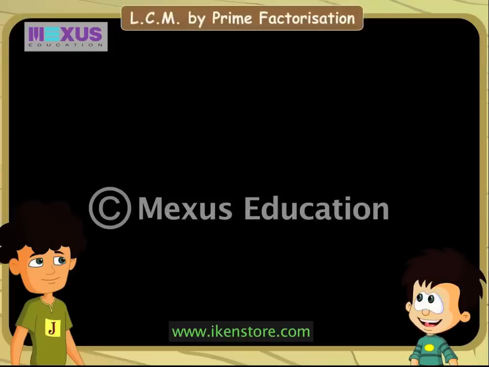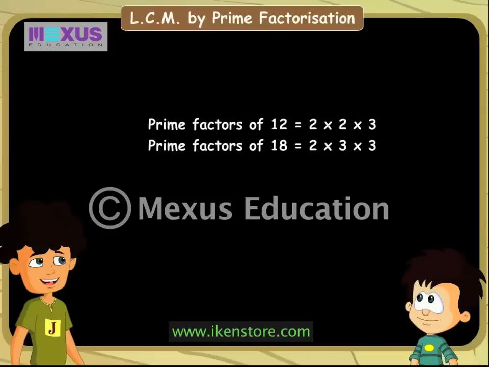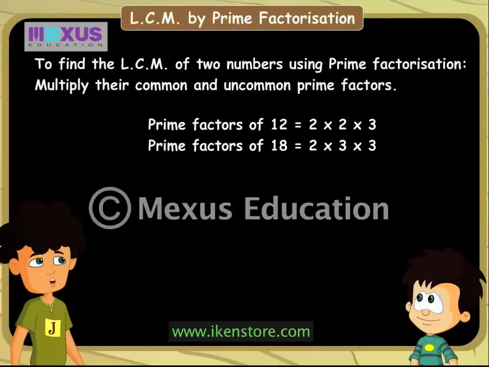Correct. How do I use prime factorization to find the LCM? Let's find the LCM of 18 and 12 by prime factorization. The LCM of two numbers is the product of its common and uncommon prime factors.